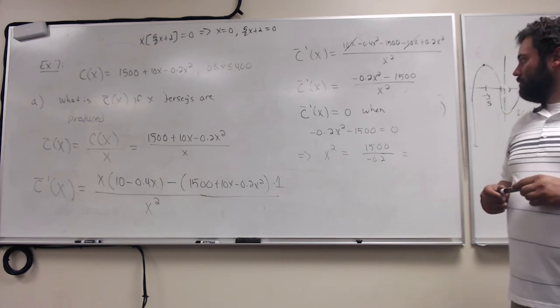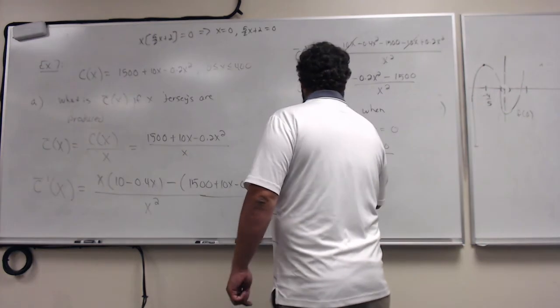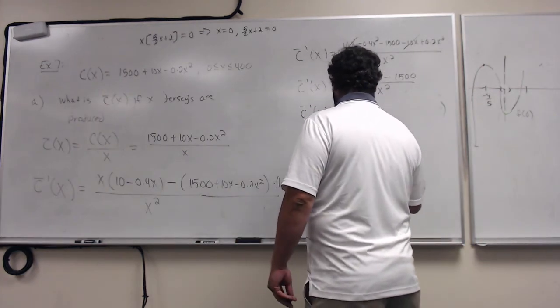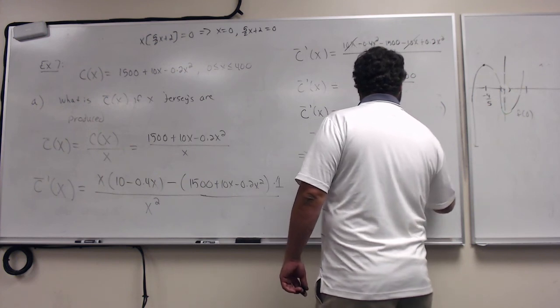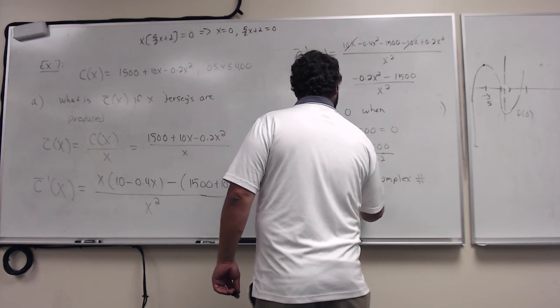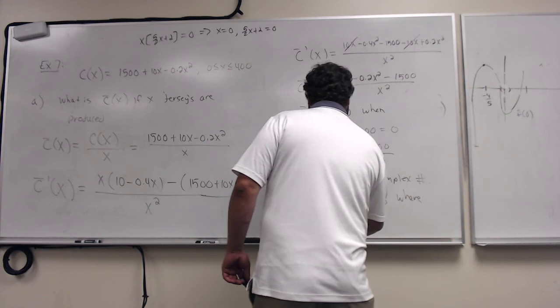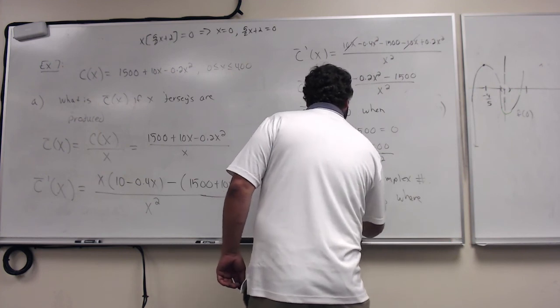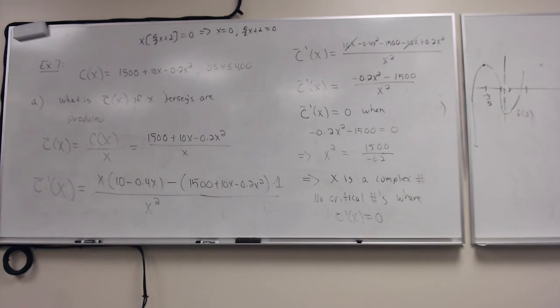Okay. So what this implies is x is, I guess, a complex number. We don't study those, so there's no critical numbers where the derivative equals 0. So you set the numerator equal to 0 and try and solve, and you end up trying to take a square root of a negative number.